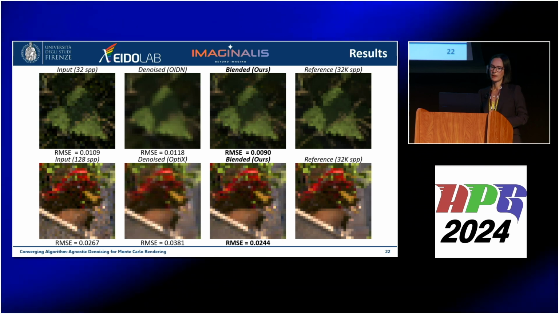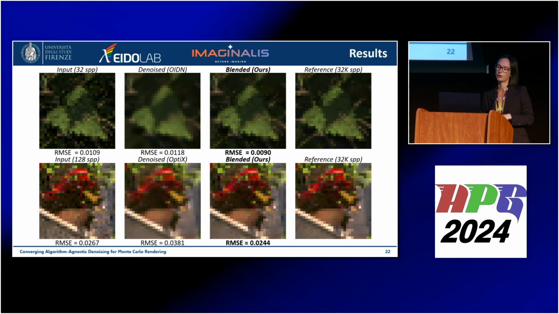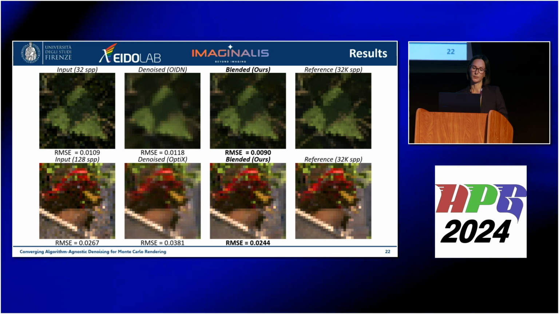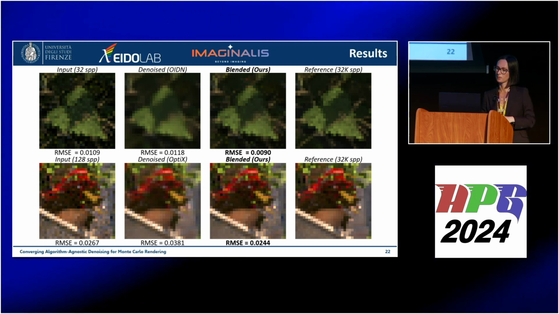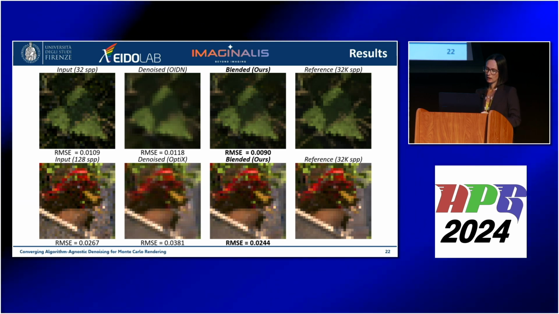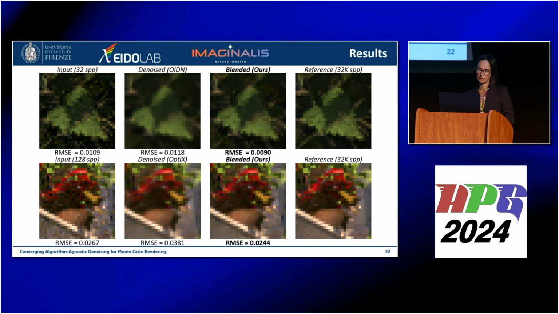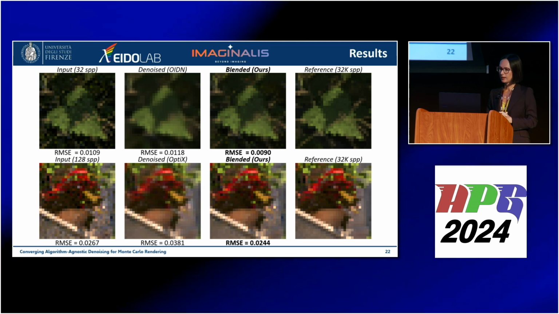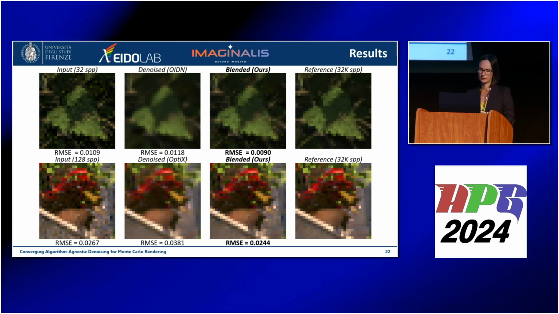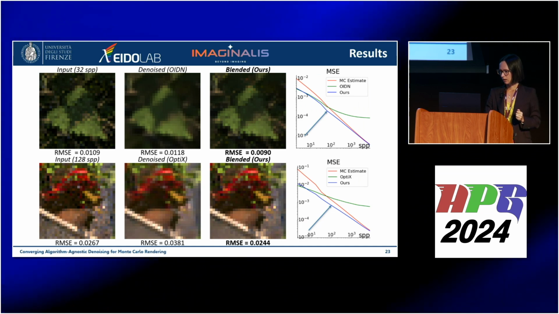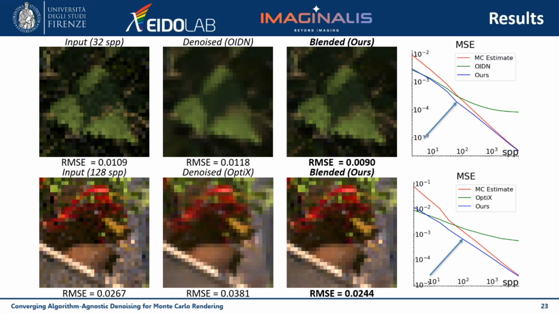So we applied our method on the pre-generated scenes with the Denisova framework, and here you can see the crops of the landscape in the San Miguel scene obtained with Open Image Denoise and OptiX. Blended is our result, and the error, as you can see, is lower for both cases. The same regards the mean square error of the entire scene.